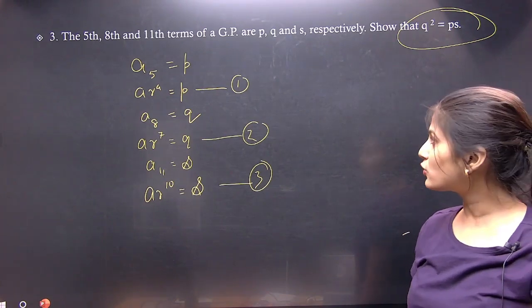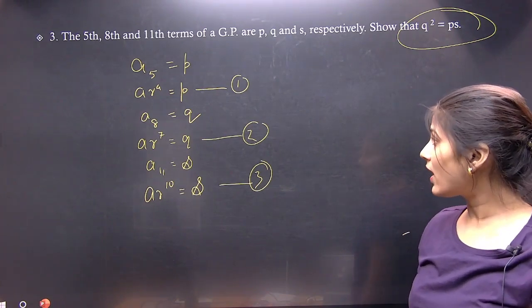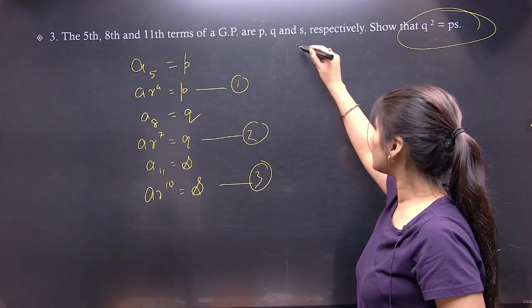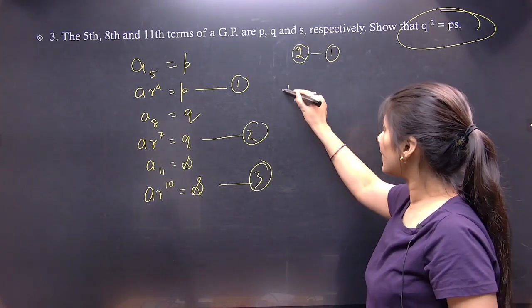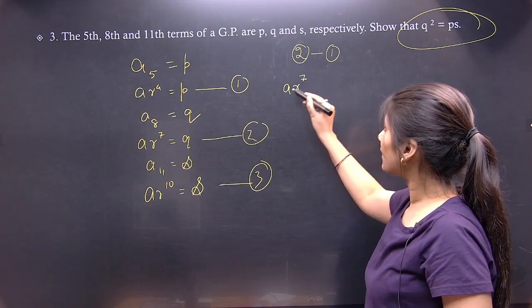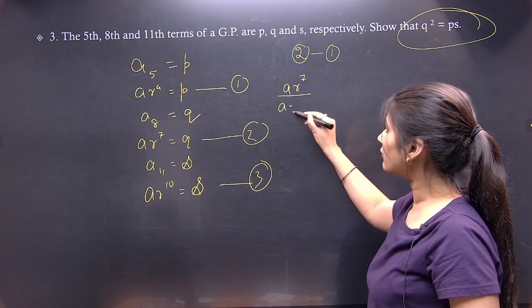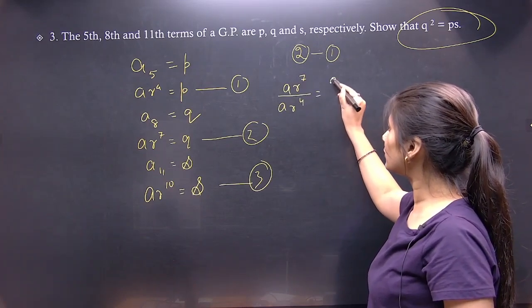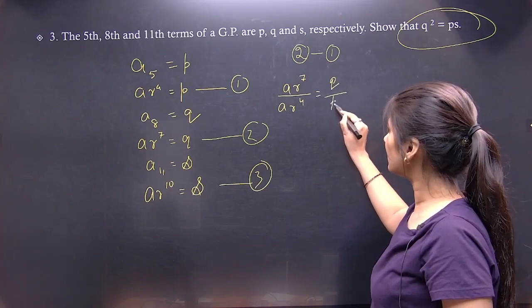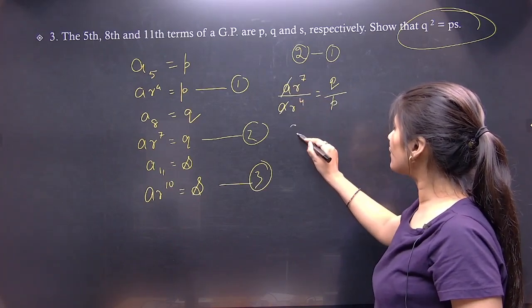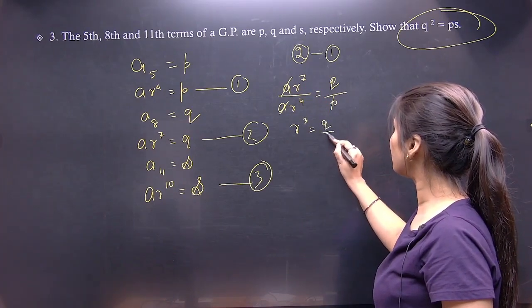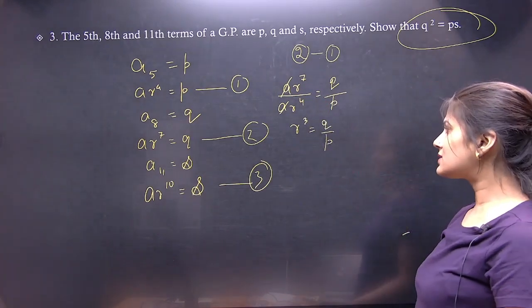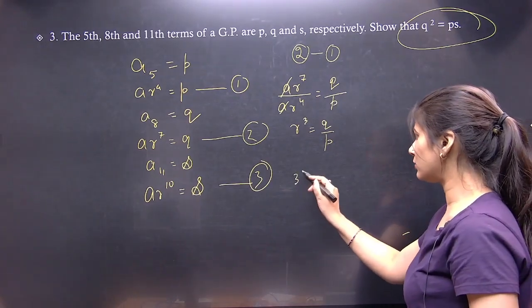So first of all, if I divide 2 by 1, what will it give? AR^7 by AR^4 is equal to Q by P. So it is R to the power 3 equal to Q by P. Now let us suppose I divide 3 by 2.